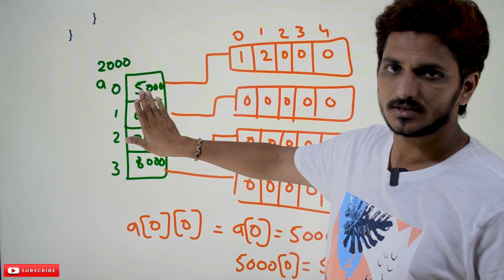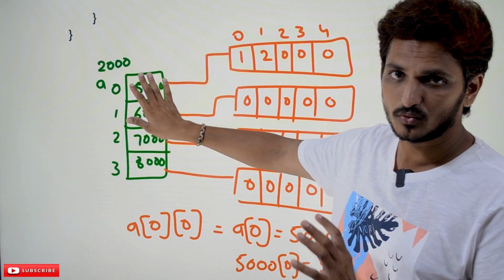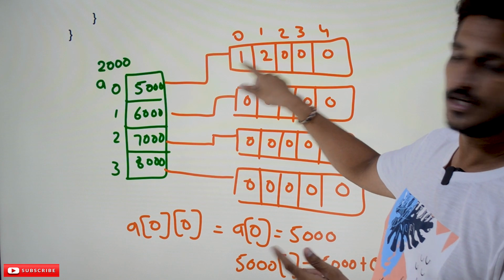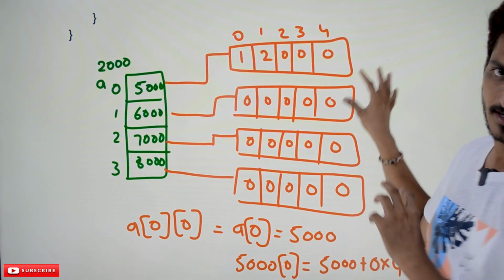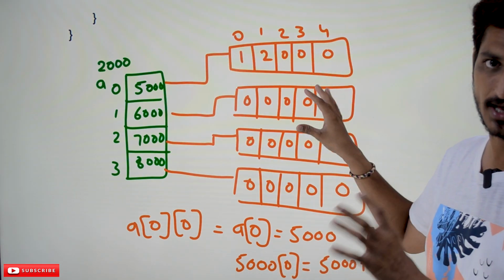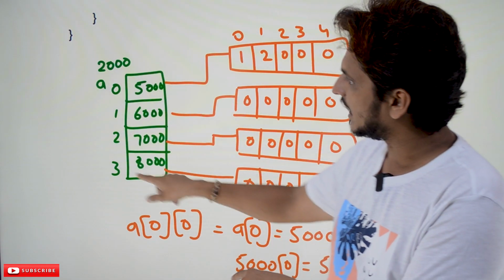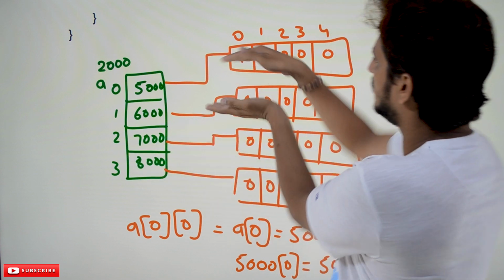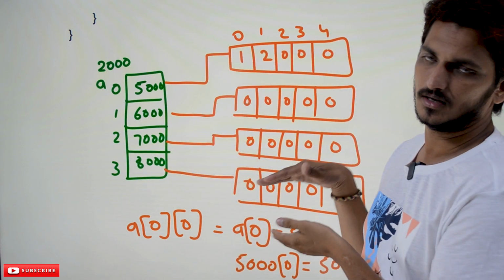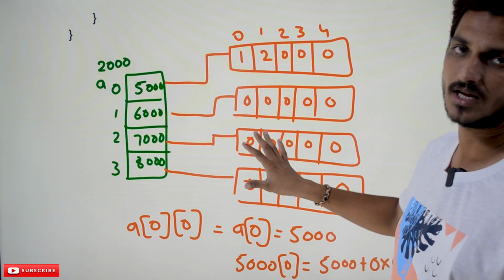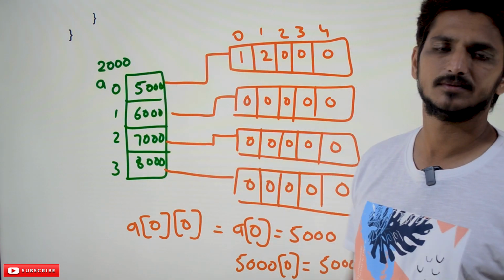In these elements, this array is going to store the addresses of other arrays. It is going to create 4 more single dimensional arrays. For understanding purposes, we have written this array in this direction, but usually it should be written like this; for diagrammatic understanding it is written like that.